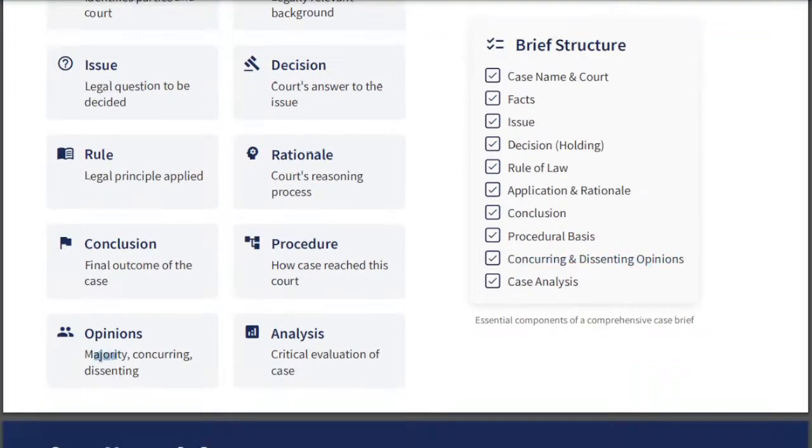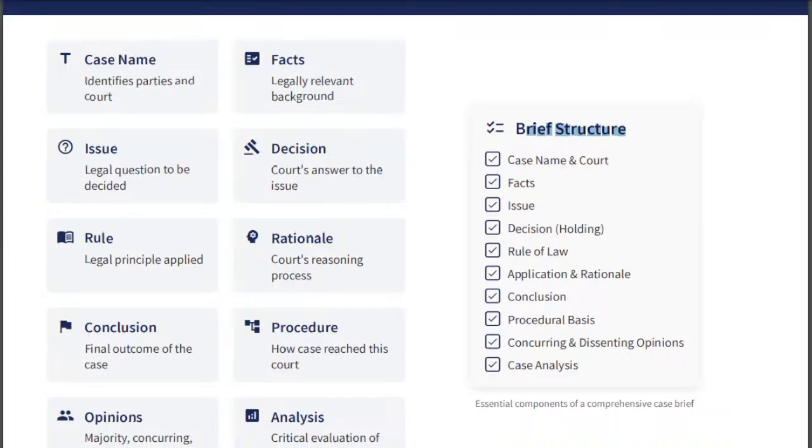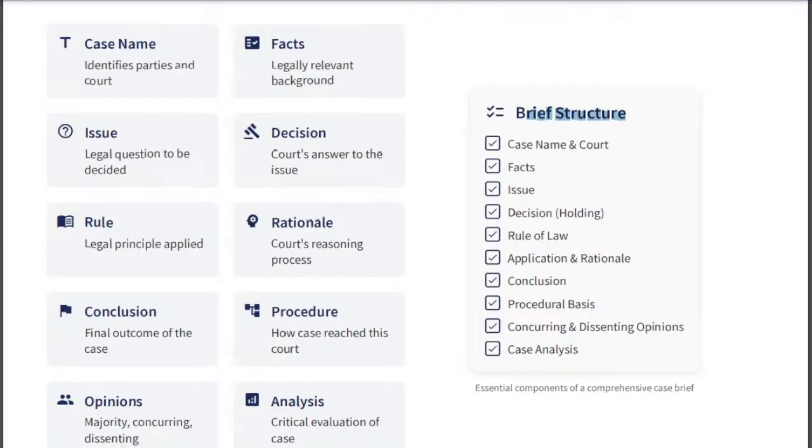Oh, we missed those down here. Major concurring and dissenting opinions, and the case analysis, the critical evaluation of the case. So as you see here, the structure is quite extensive, but each of them has a purpose. There's no part here without a purpose. These are the essential components of a comprehensive case brief.